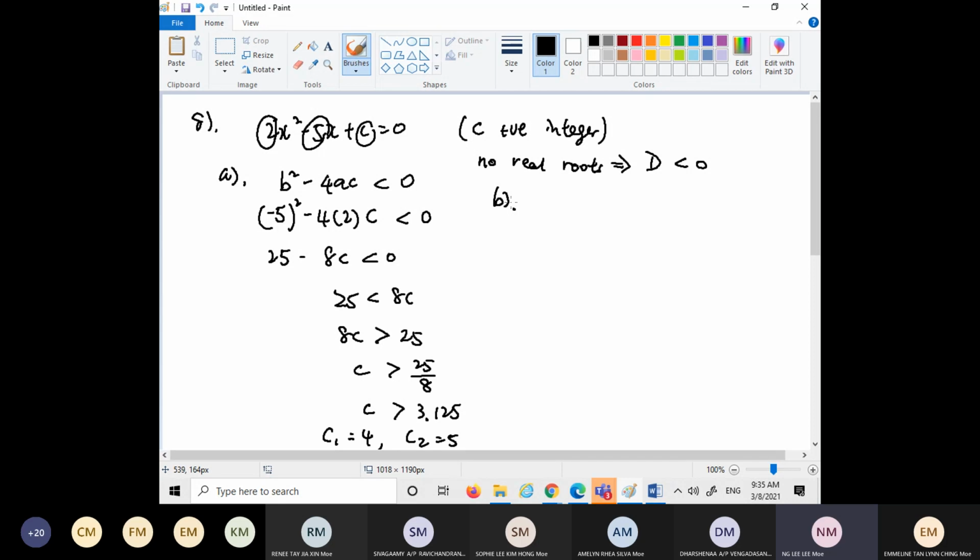Based on the values of C1 and C2 in part A, does this equation have two real roots? Expand it. Wow, complicated lah. Okay, next we continue. Minus 5x plus 1 over 2 of C1 plus C2 equals to 0.